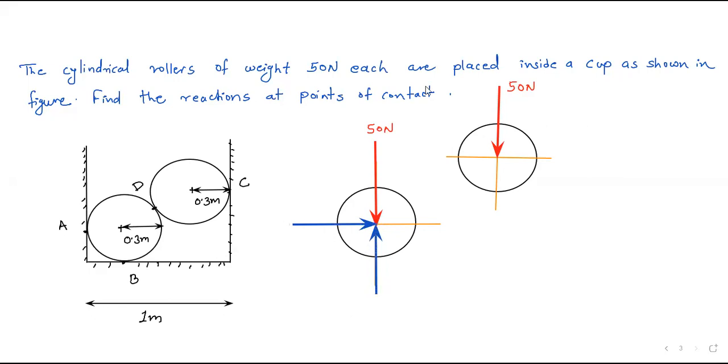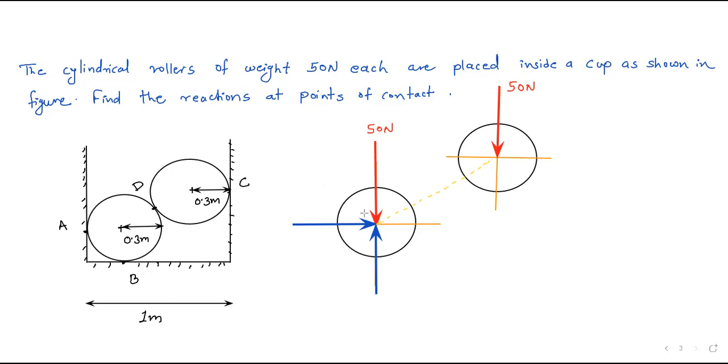If I join this with this dotted line, this is the line of action. Actually, we are separating these, but these two are connected. Now the third reaction is reaction RD.